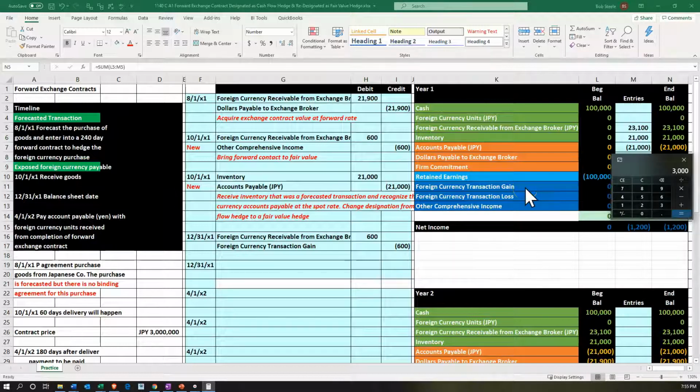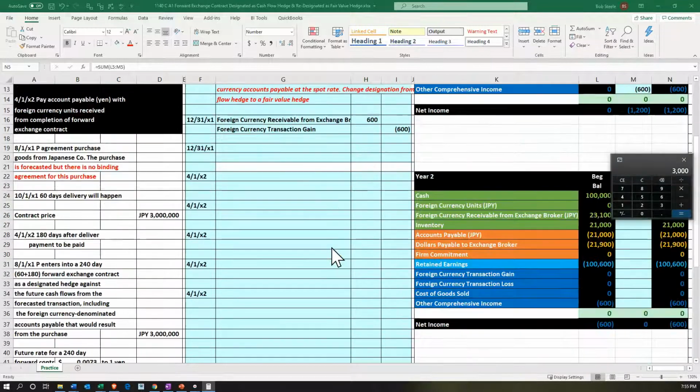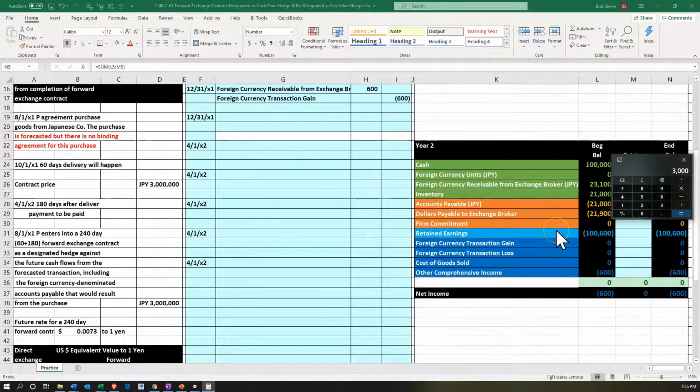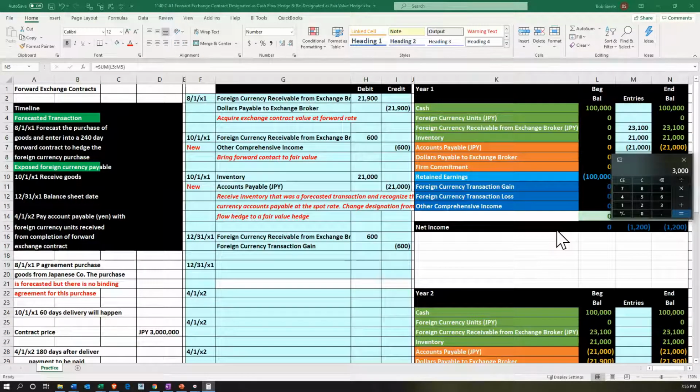That's going to be a loss, which we would expect because it's the opposite of what this one was up top. If we analyze why it's a loss, we're going to say, all right, well, last time we had the spot rate of 1 yen was worth $0.007, and now 1 yen's worth $0.008. So the yen's gotten stronger in comparison to the dollar. And up here, we're talking now about a payable, which means we're going to make a payment in yen.